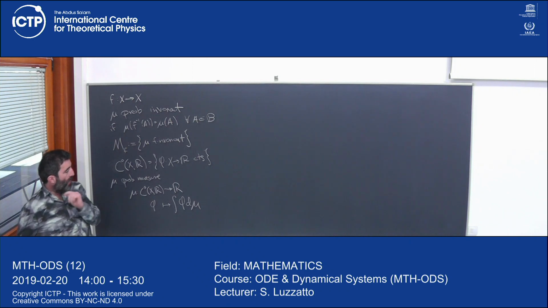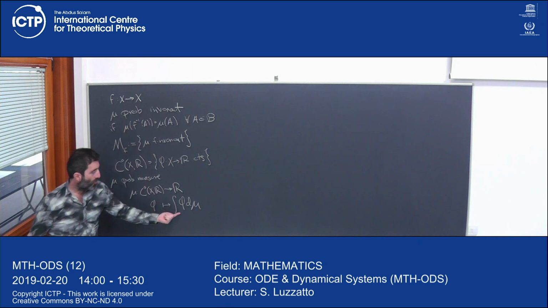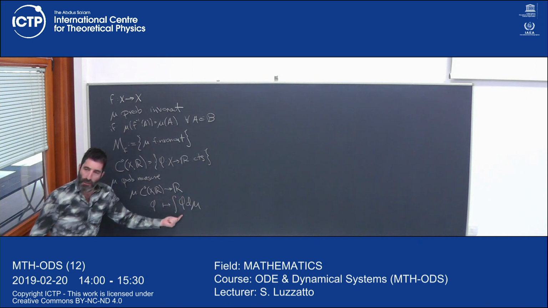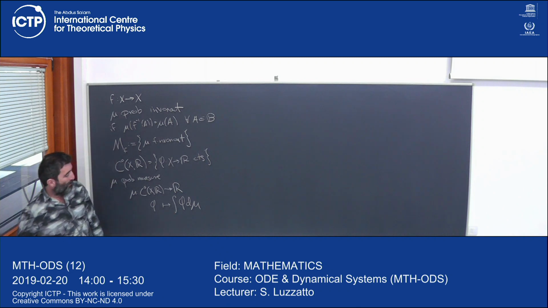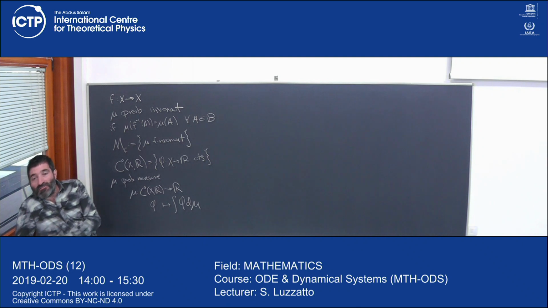So you've done Lebesgue integration, right? Yes. So you know what the integral with respect to the measure means. Yes? Or do I need to remind you about that? Okay. So one way to see measures is as linear functionals.